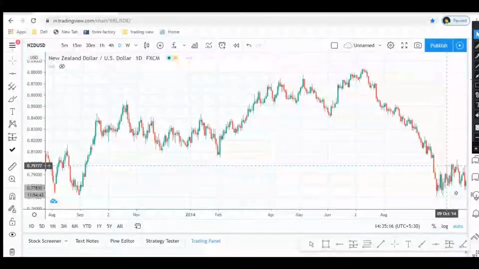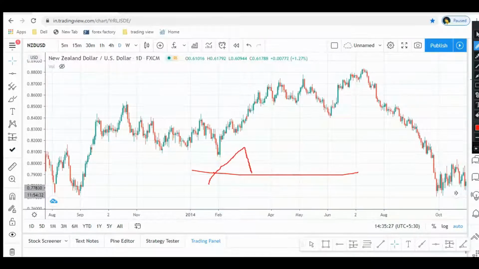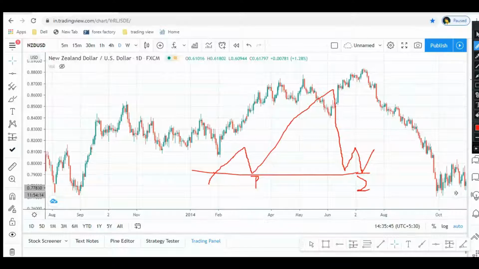So my main motive is to make you understand, this is a support zone. If the price touched this place, broke out, touched this place, it went up, and it will definitely come back to touch this place, and it will react as the same support at least one time, two times, first attempt and second attempt.